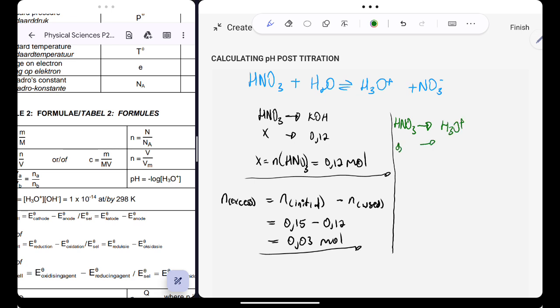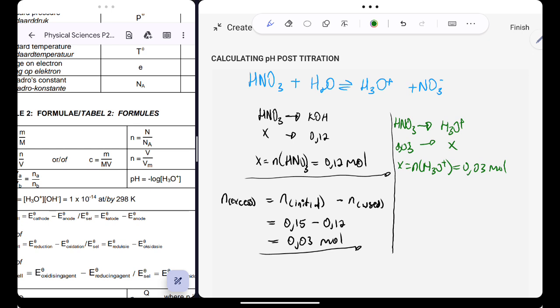So if I have 0.03, I want to know how much of the hydronium ions will I form. I'll form the same amount. I'll get 0.03 moles.